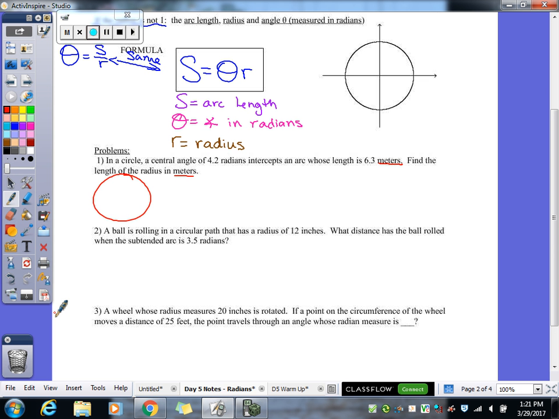So thinking back to geometry, what is a central angle? Central angle means it hits the center of your circle.